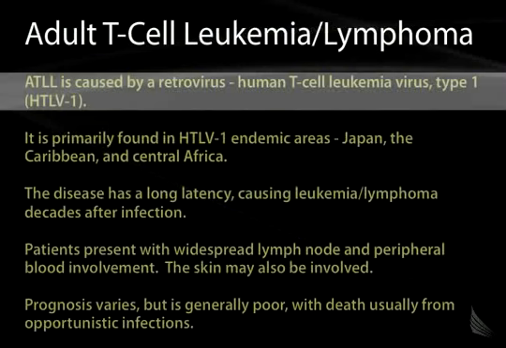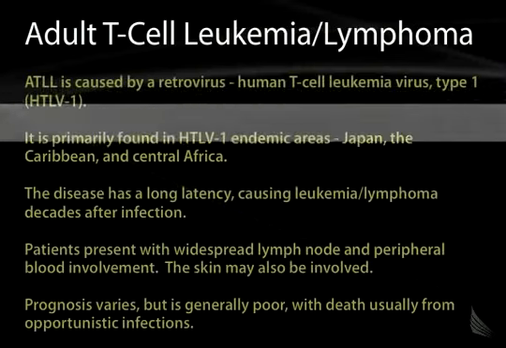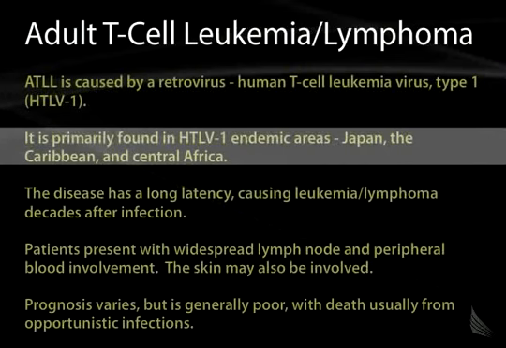Another leukemia to consider is adult T-cell leukemia lymphoma, which is caused by a retrovirus, HTLV1, which is similar in morphology to the human immunodeficiency virus as well. It's primarily found in HTLV1 endemic areas: Central Africa, Japan, and the Caribbean.